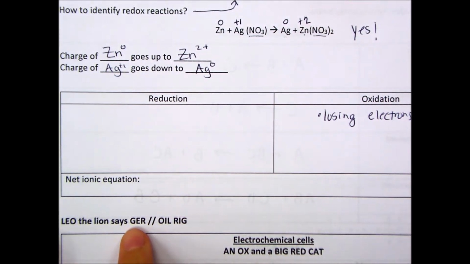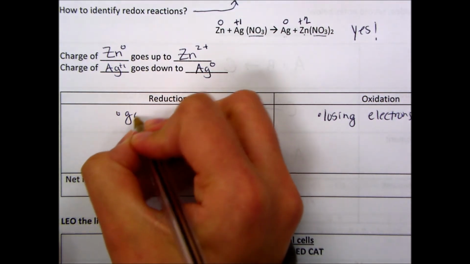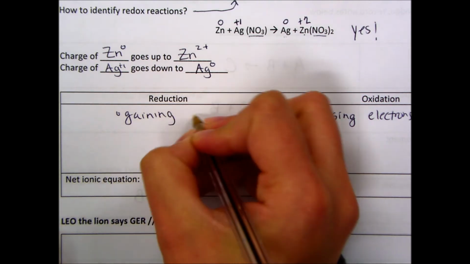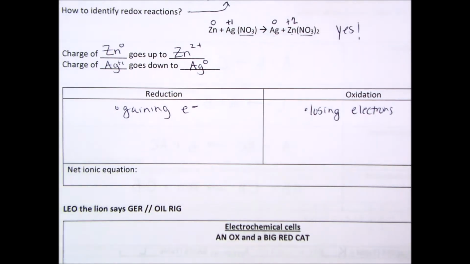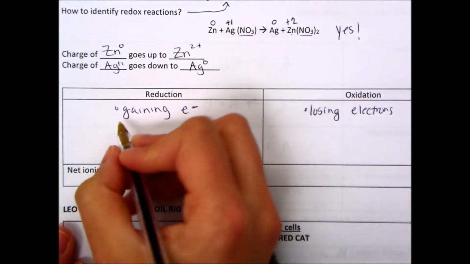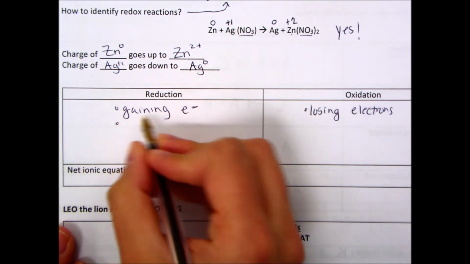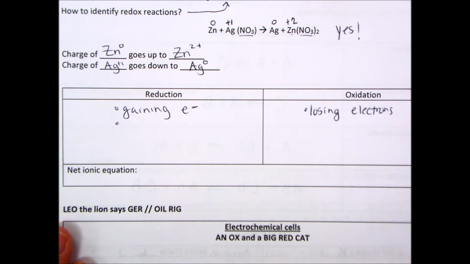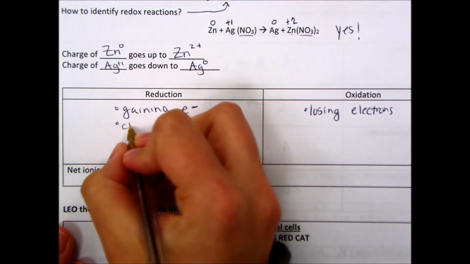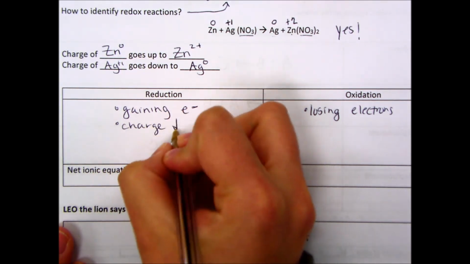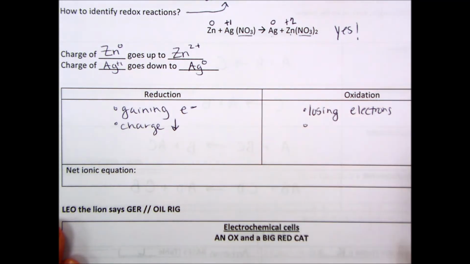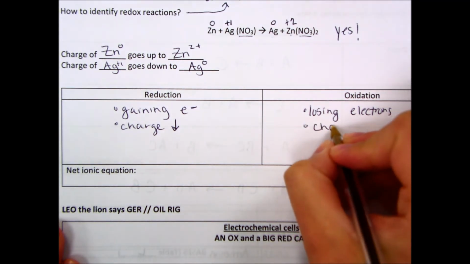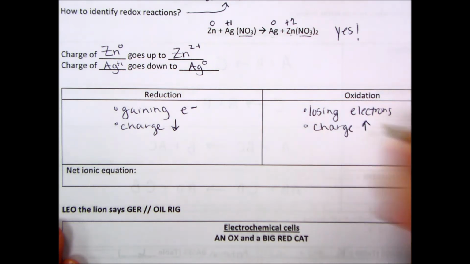Leo the lion says GER, gaining electrons, is reduction. Let's add in our notes here what happens to charge. So when you gain a negative electron, you become more negative. Your charge goes down. Meanwhile, if you lose a negative electron, you become more positive, so your charge goes up.